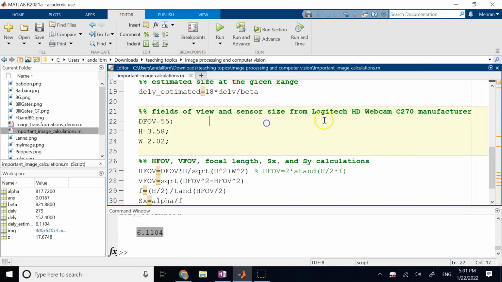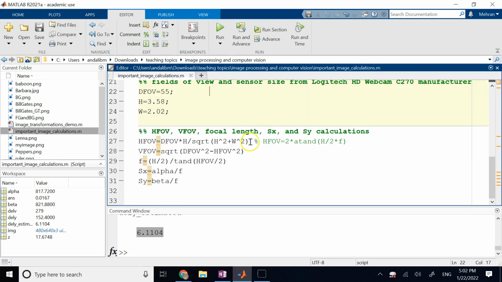I looked all over the place, including the Logitech website themselves, and all I could find was that the angle of view is 55 degrees, and the sensor sizes on another website I could find, 3.58 mil and 2.02 mil. So I could find these from the manufacturer, but I could never find what? The focal length. Can I find it myself now? Sure. I found the HFOV through Pythagorean theorem, and I could also calculate VFOV if I was interested, and then I found the focal length here.